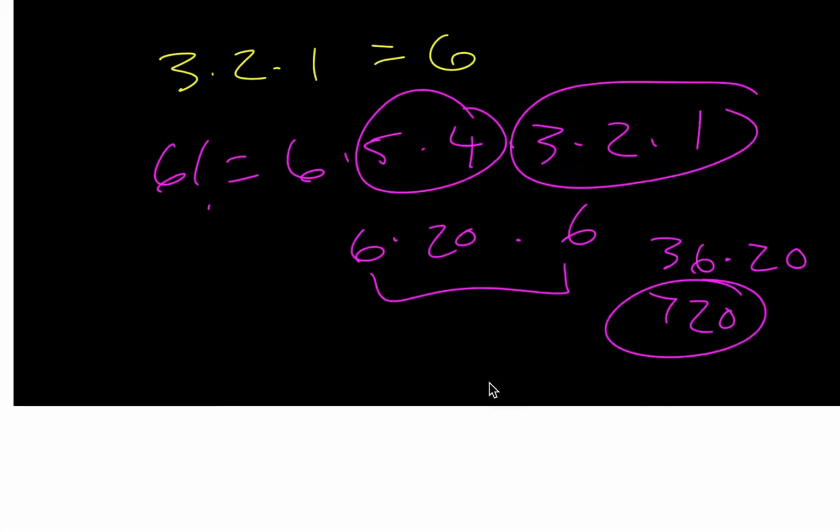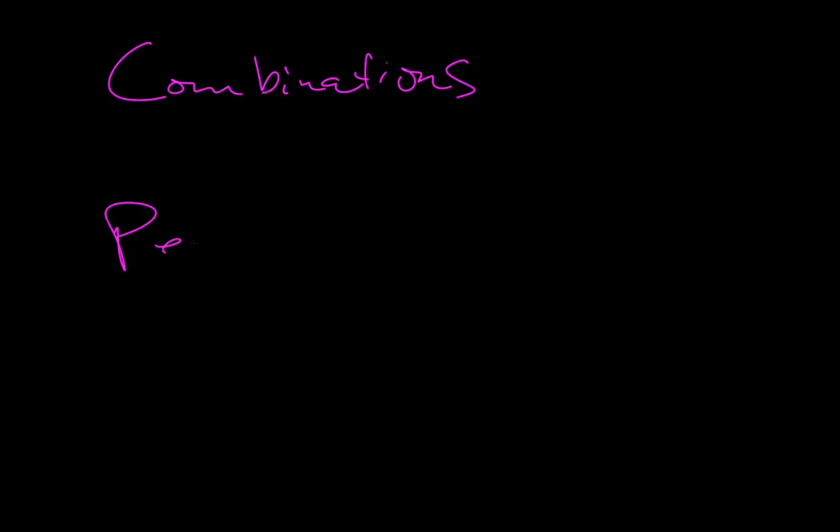Okay, so the reason why we talked about factorials is because we're going to talk about two different things: combinations and permutations. So combination is when we're looking at, actually let's talk in the context of a combination lock.